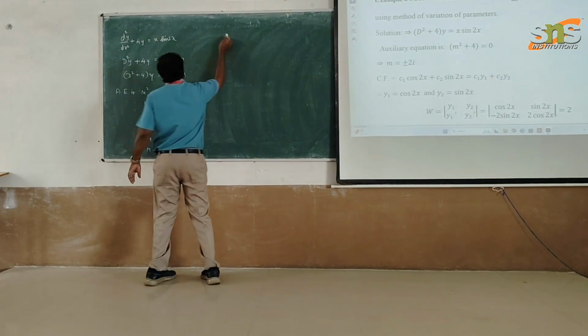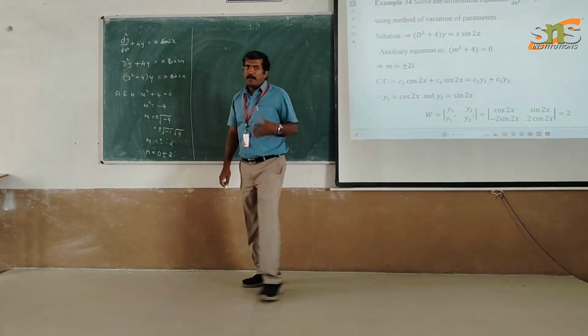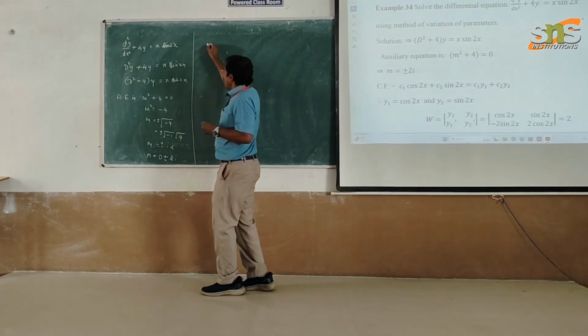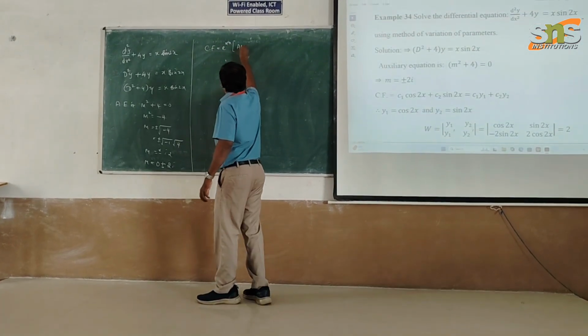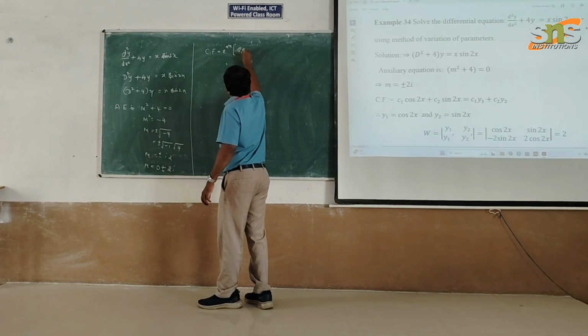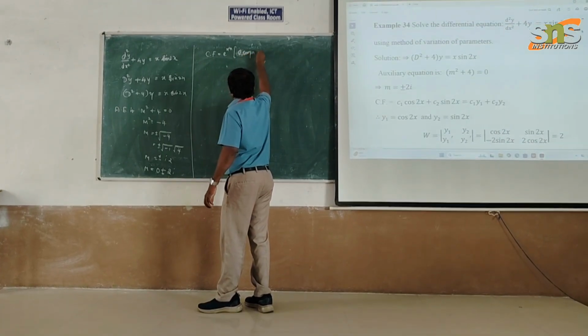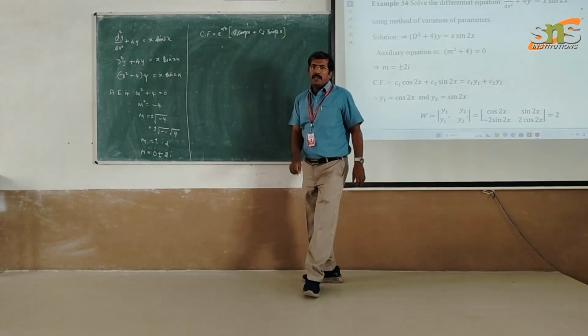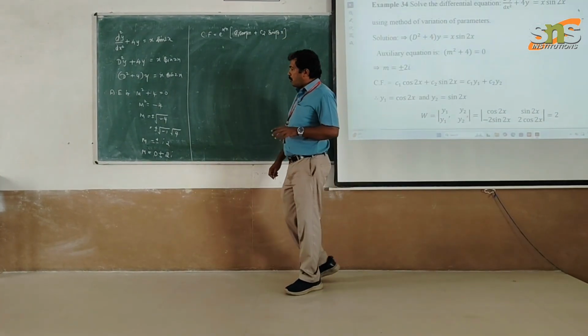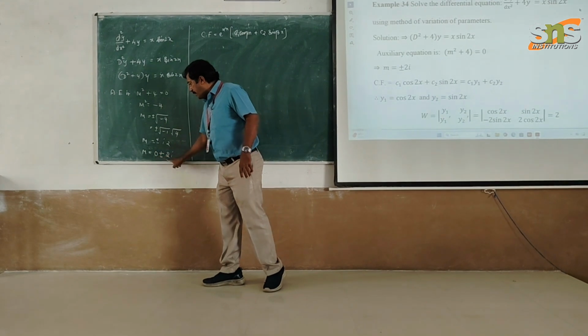So what is the complementary function formula for this? CF is equal to e power alpha x into (c1 cos beta x plus c2 sin beta x). This you can substitute: the value of alpha is 0, beta is 2.